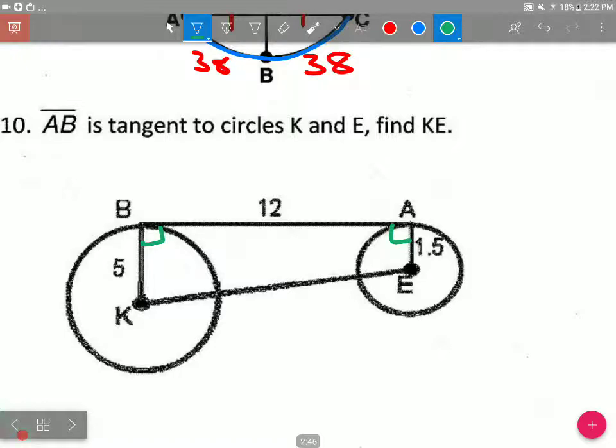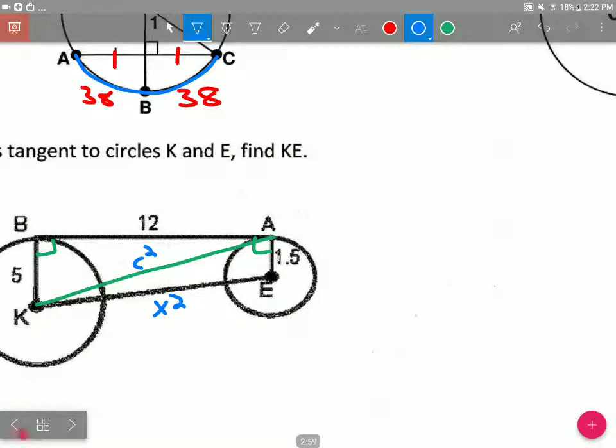Well, I can Pythag for this one, and then Pythag for this one, so I'm going to say this is c squared, and then Pythag for this one. Call that x squared. So that's 5 squared plus 12 squared equals c squared. Well, I just happen to know that that's 13. I've done that so many times. The other one, so I've got 13, 1.5, and x squared.